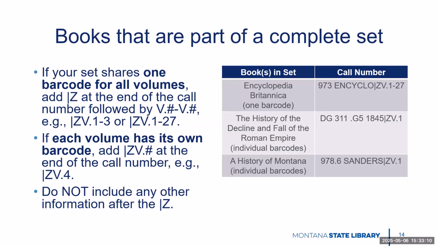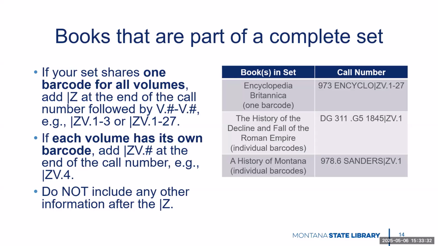If each volume of the set has its own item barcode, then you're just going to end your call number with bar Z, V period, and then the number of that volume for each item. I have a couple examples of individual barcodes there.